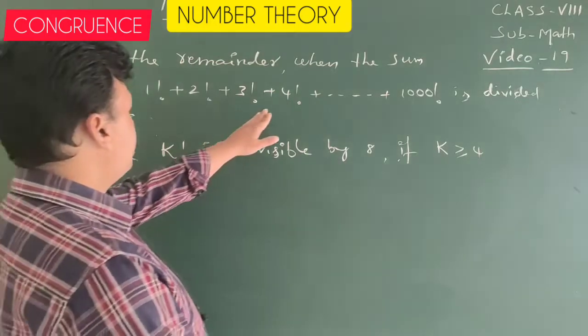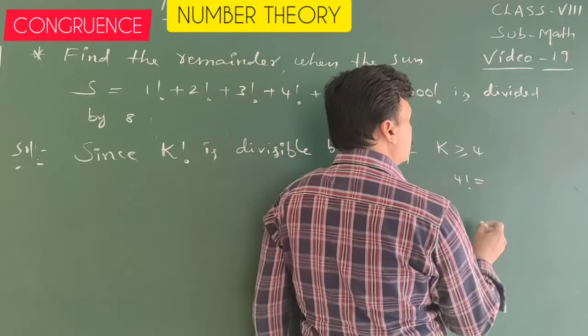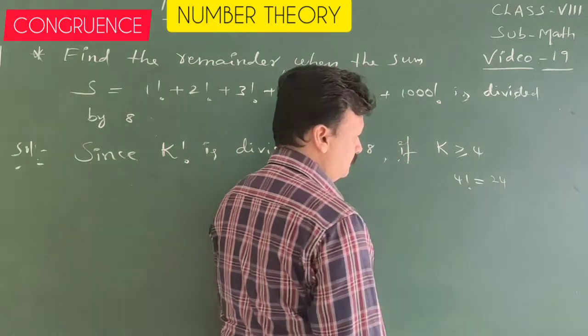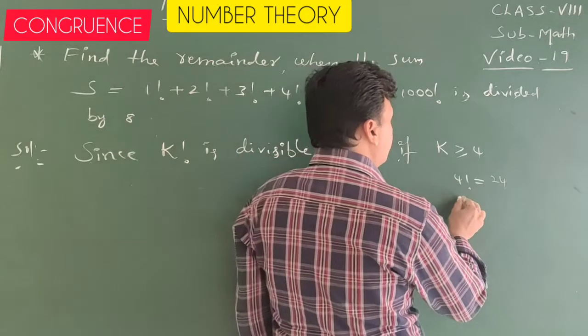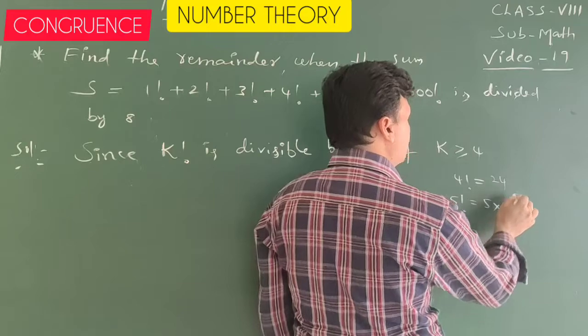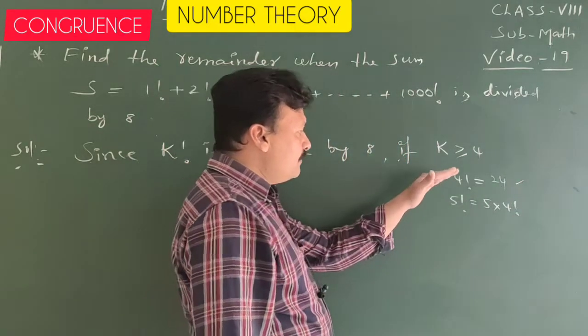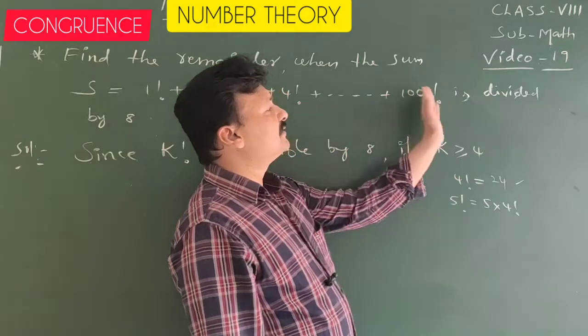Because from 4 factorial onwards, 4 factorial is equal to 24. Now 5 factorial equal to 5 into 4 factorial, which is a multiple of 24. From 4 factorial onwards, the remaining terms are multiples of 24.